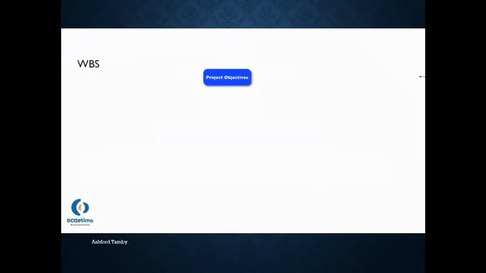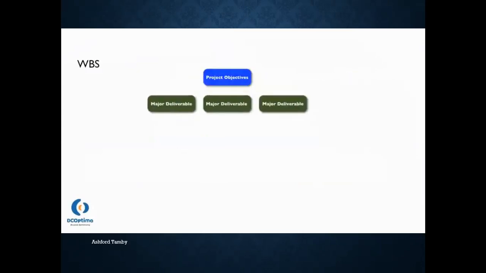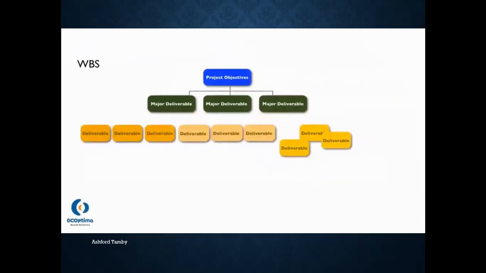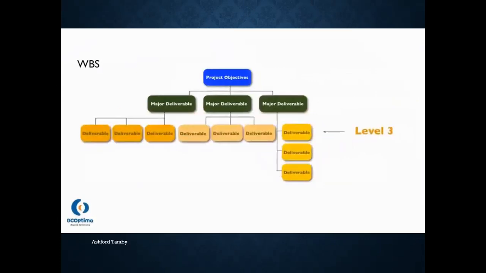At level 1 of a WBS, it describes the project name and reflects the objective of the project. A project's objectives can be decomposed into several major deliverables at level 2. To get a major deliverable done, we need to accomplish all the deliverables within. The deliverables are written at level 3.